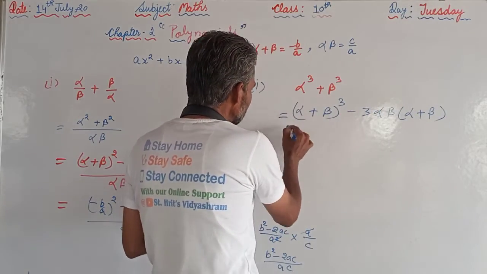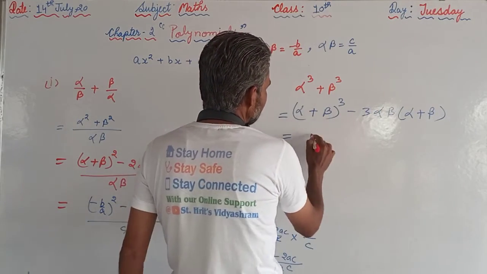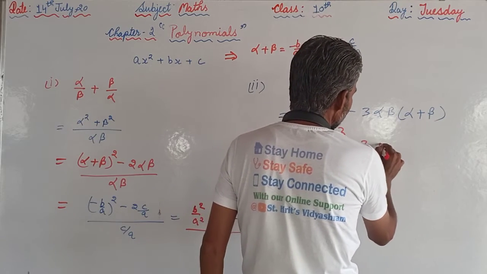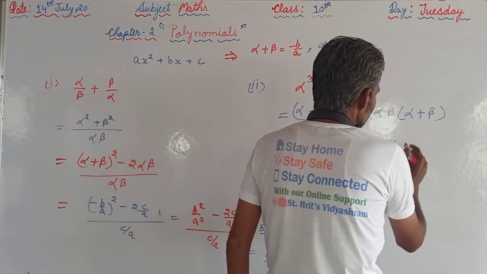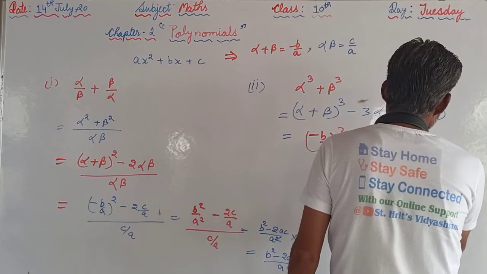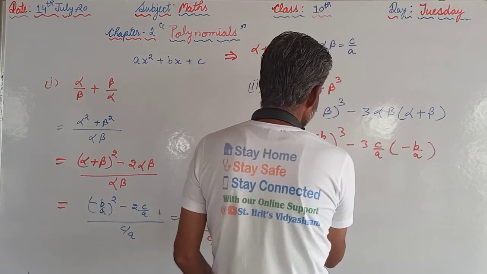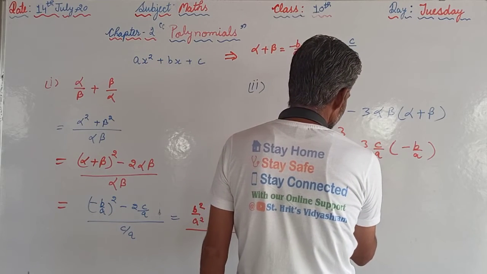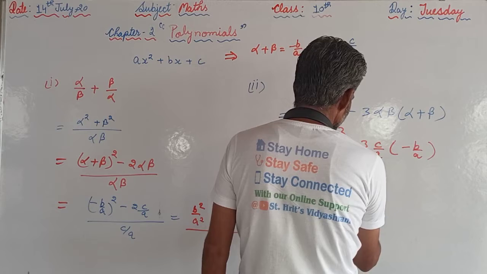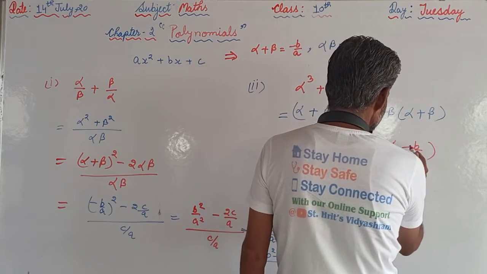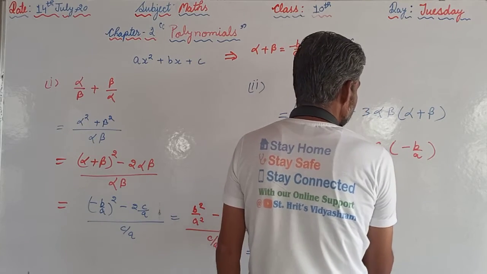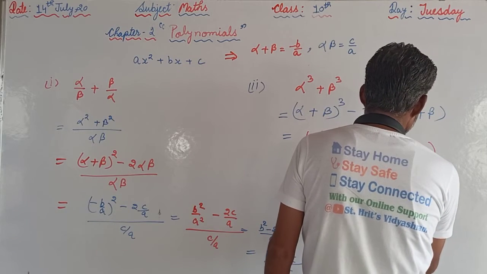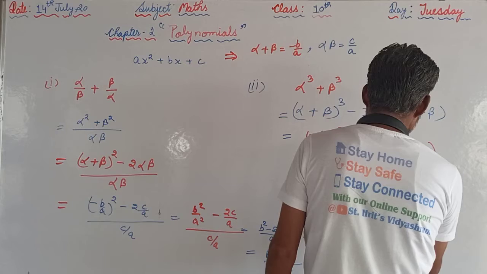So here what we have to do? Again alpha plus beta is minus b upon a, whole cube minus 3 alpha beta, c upon a, into minus b upon a. Again we have to solve. Now cube is there, the sign will be there: minus b cube upon a cube, minus minus into minus is plus, 3 bc upon a square.